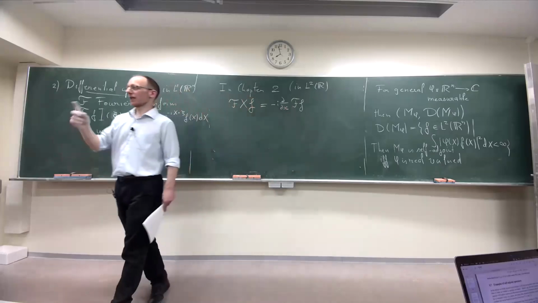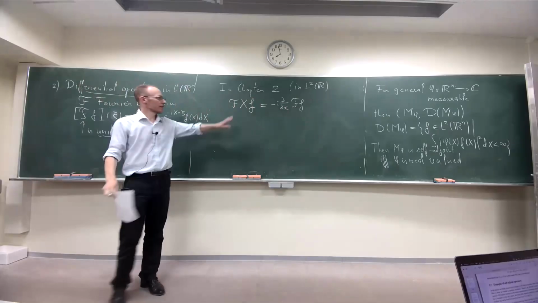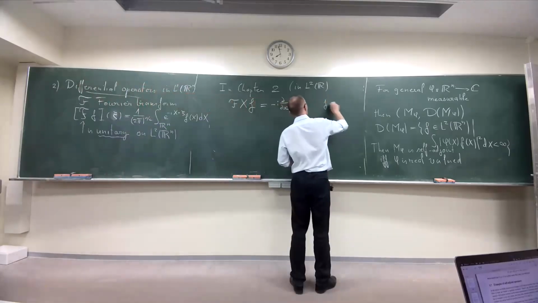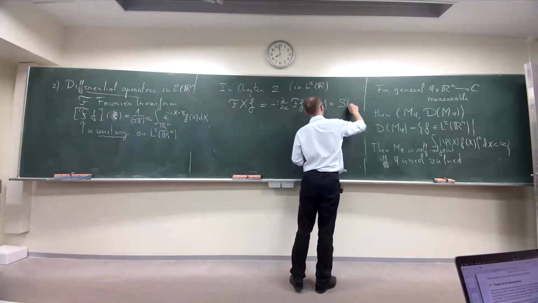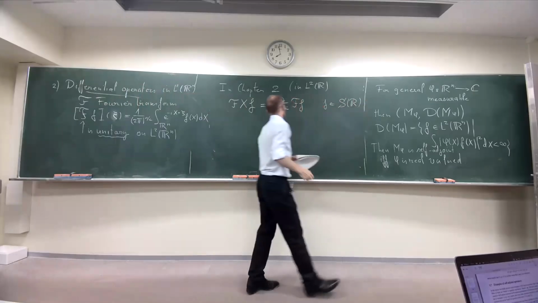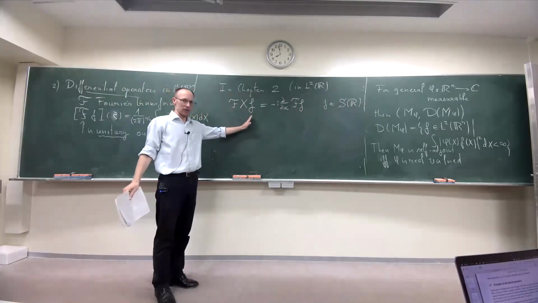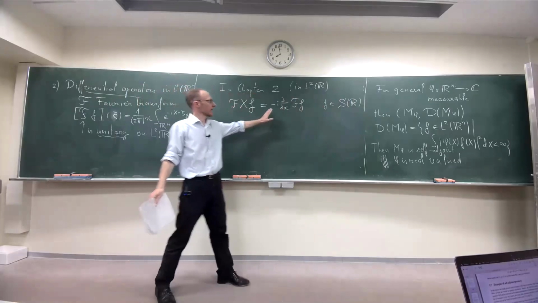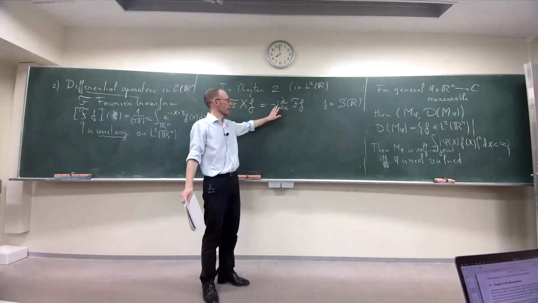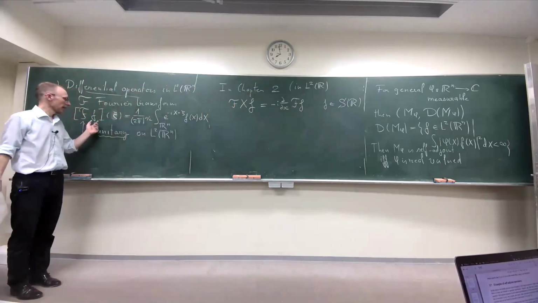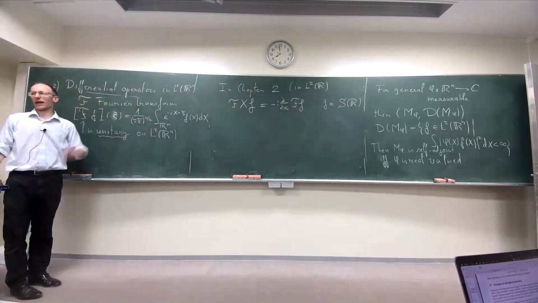It's a derivative. This is in the chapter about distributions, and this was true for f in the Schwartz space. If you take the Fourier transform of x times f, it's the same as taking the Fourier transform and applying a derivative. And this is not difficult to check, at least at this level.